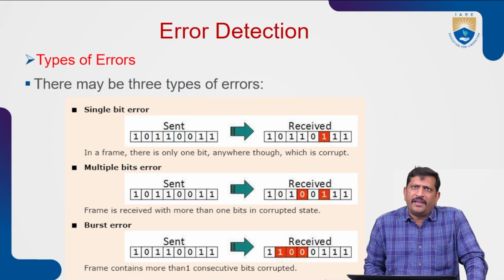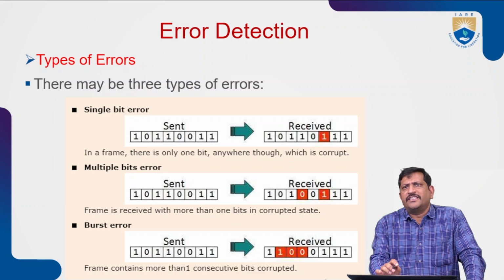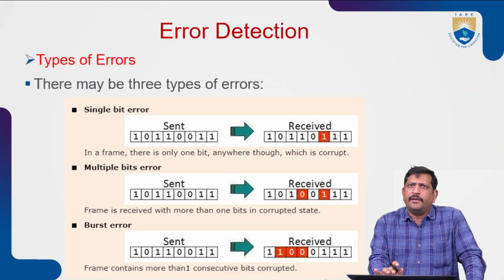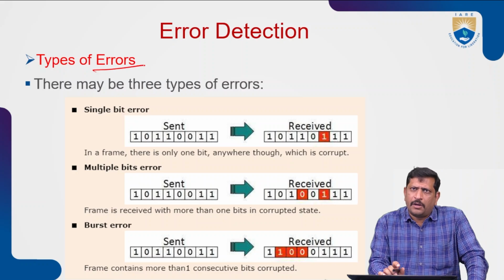Types of errors. When does an error arise in data communication? If the sender sends one source of data and the same data is not received by the receiver, this error arises.